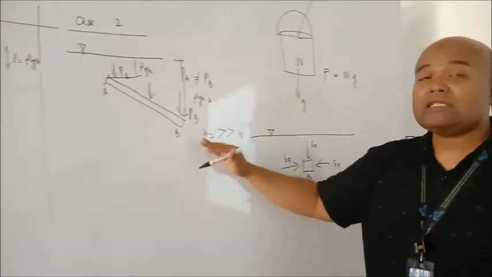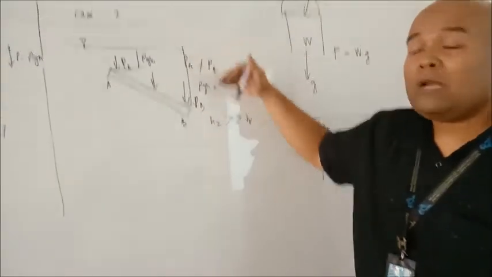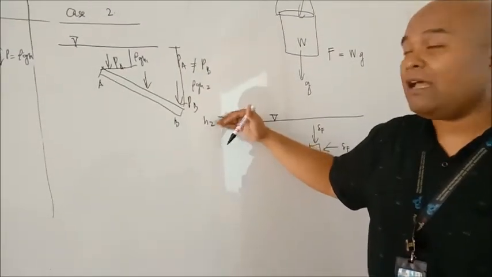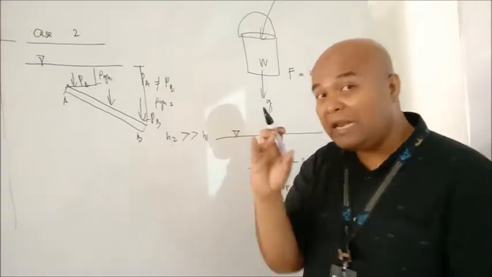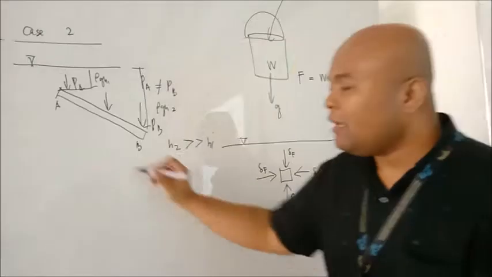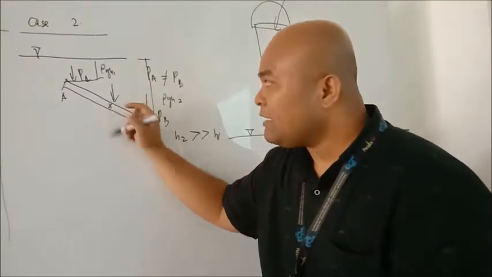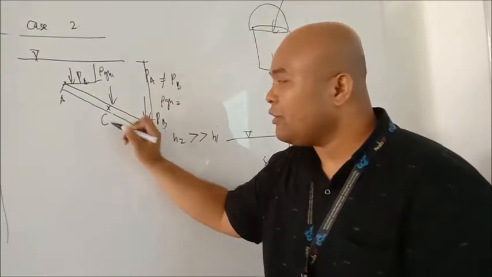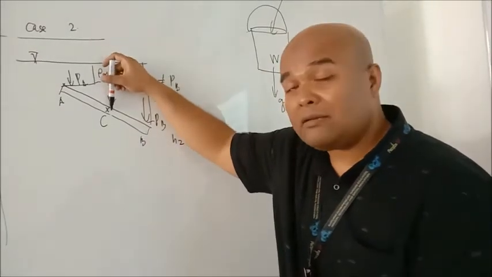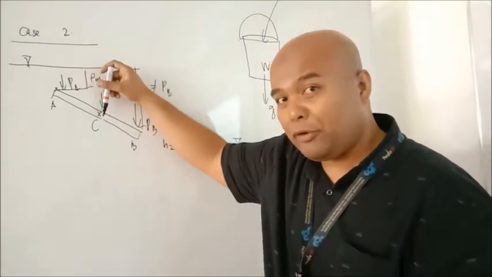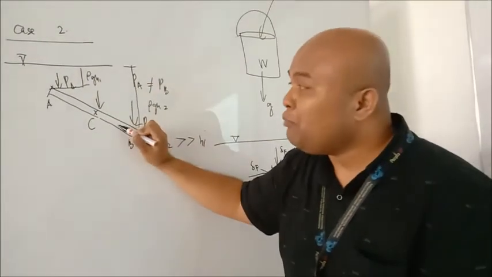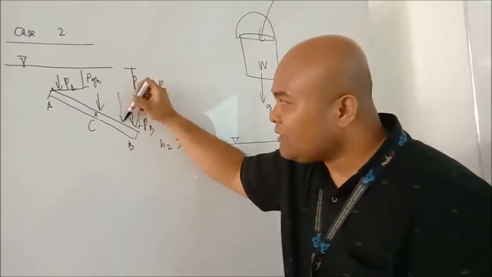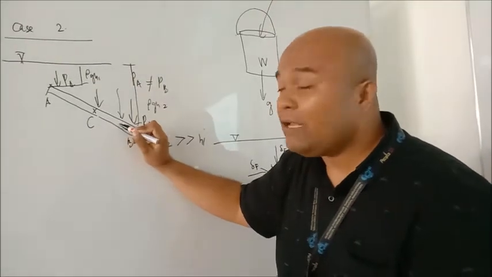Tetapi bagi kes yang kedua, disebabkan oleh perbezaan tekanan di antara titik yang disebabkan oleh perbezaan H, nilai depth, okay, the Fr, okay, let's say this is the centroid, centroid is no longer acted on the centroid point. Okay, Fr akan teranjak sedikit, akan membentuk tindak balas reacted on a new point.